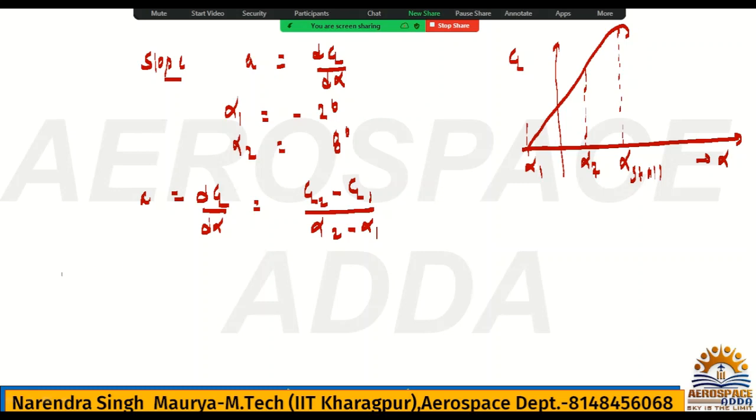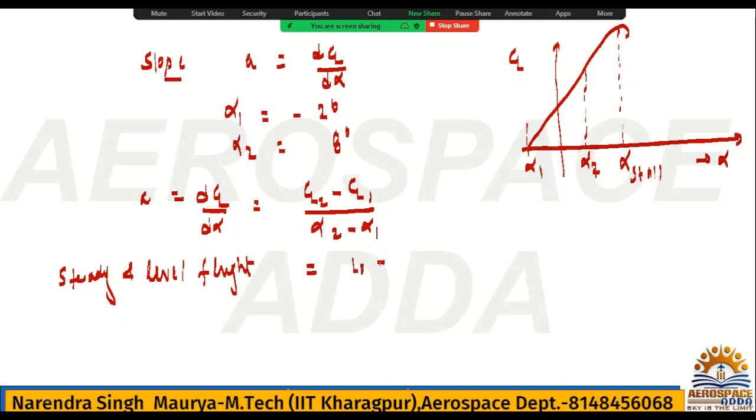Check the steady and level flow: L naught is equal to W, and it is half rho V naught squared S into CL.